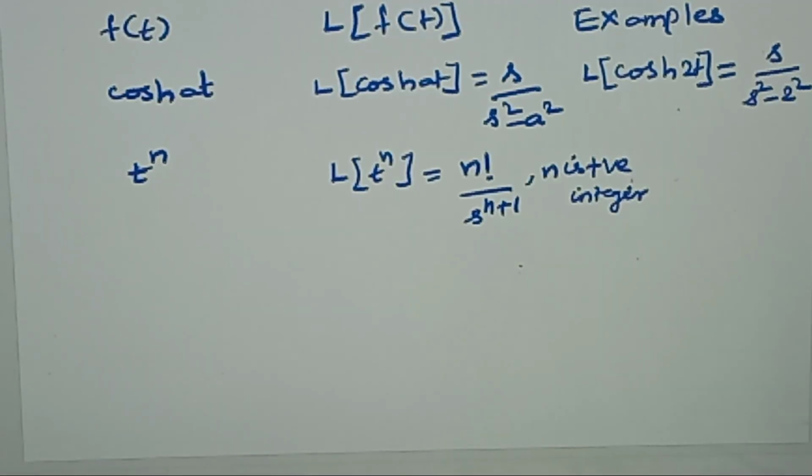So if you want to find the value of, say, the Laplace transform of t square, what is the formula? It is 2 factorial upon s raised to 2 plus 1, which is nothing but 3. Okay. So what is the Laplace transform of t square? 2 factorial by s cube. Similarly, if n is a positive integer, then you have to apply this formula.